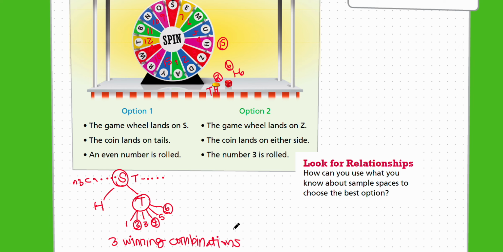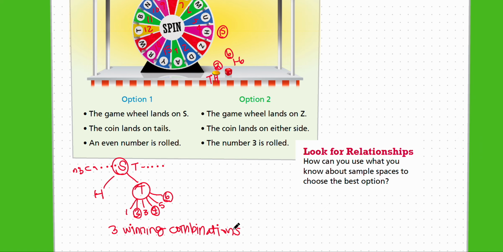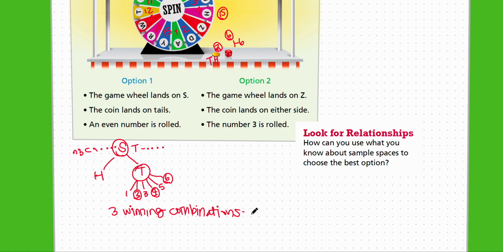And then, which is 3 winning combinations would be what? S T 2, S T 4, S T 6. And then option 2, the game wheel lands on Z. So we need to have Z, and then the coin lands on either side.